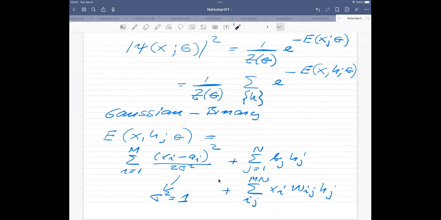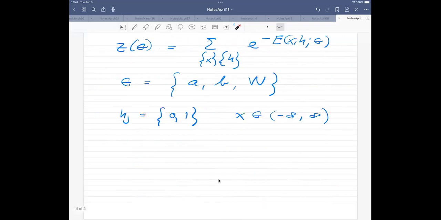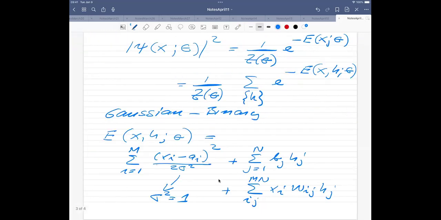Now, since the h values run over 0 and 1 only, so it's a binary case, we can set up this function and find the trial wave function, or the probability, which is the same, of x and theta, when I do the summation. If you go back to this expression and plug in this term, this is independent of h.